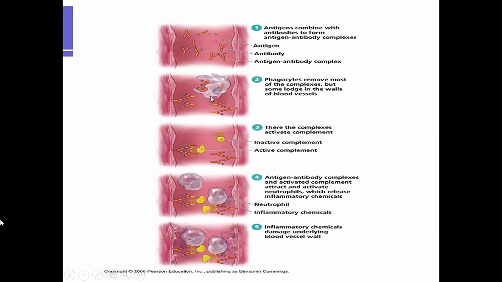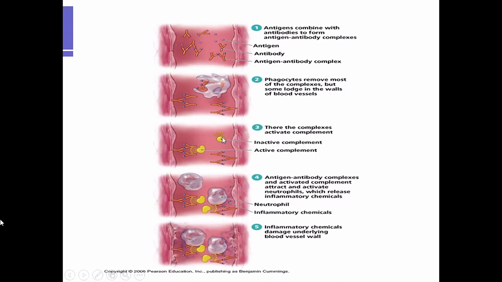Okay, but some of these, so we have a defense mechanism in our body. Some of the complexes are cleared from our body by these phagocytes. However, the remaining complexes are retained in our body.